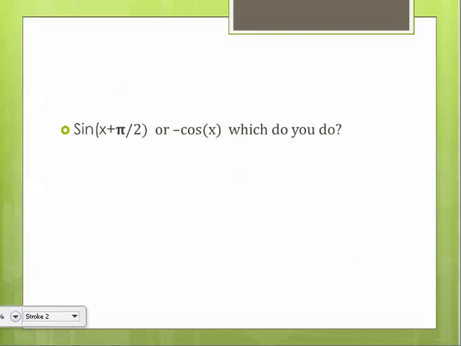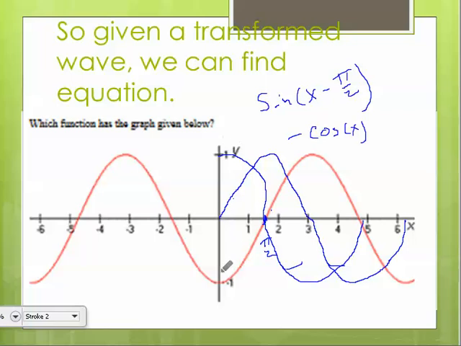So the question is, which one do you do? It's whichever one you see. Because, yes, a sine and cosine are just shifted right and left of each other. If I look at a negative cosine, it is very similar to that shifted sine function. Those are very, very close to each other and something that you can use in that respect.